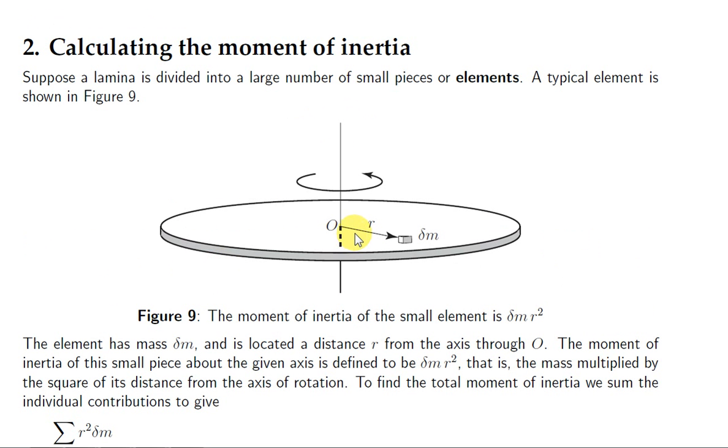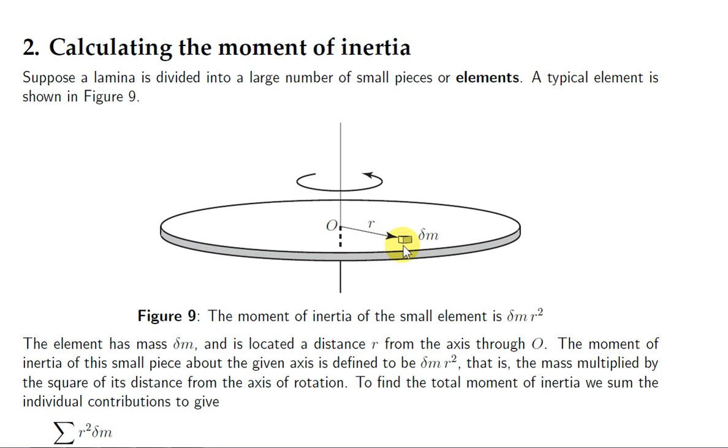To calculate the moment of inertia of this lamina, we have to consider the moment of inertia of small elements of the lamina. So this element has mass delta m. So its moment of inertia is its mass delta m multiplied by the square of its distance r to the rotation point O. So of course that distance r is never changing.